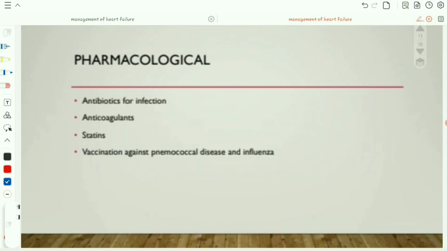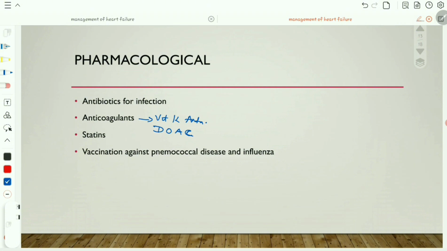You move on to see, still on the pharmacological treatment. Now, infection could be a precipitant. You need to give antibiotics. Are you getting me for this? Then anticoagulants. Now, anticoagulants, there are two groups. We have the vitamin K antagonists and the direct oral anticoagulants. Are you getting me? Okay.